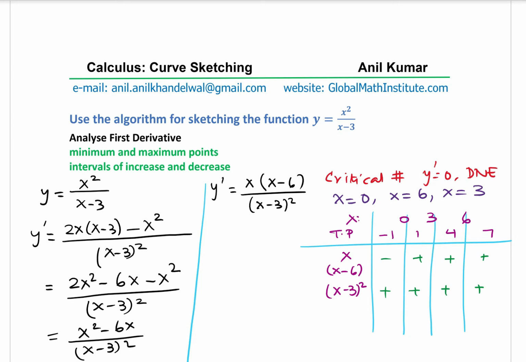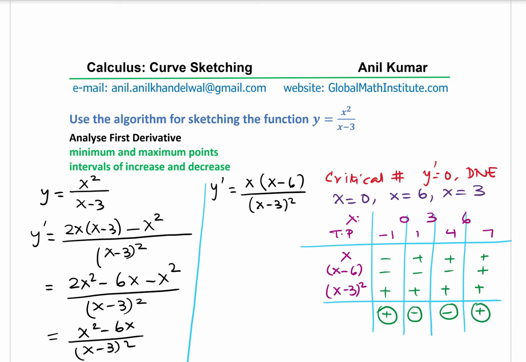X minus 6 is negative, negative, negative, and positive. And therefore, the end result of all the 3 is going to be: 2 negatives means a positive, one positive and one negative is a negative, and this is all positive.